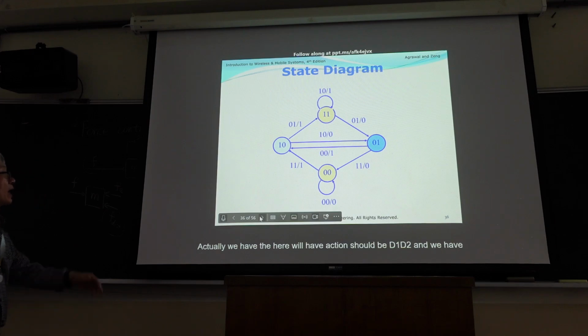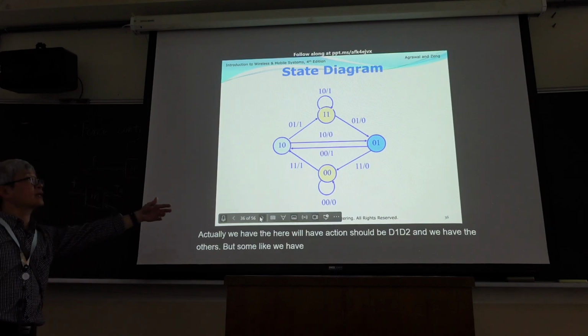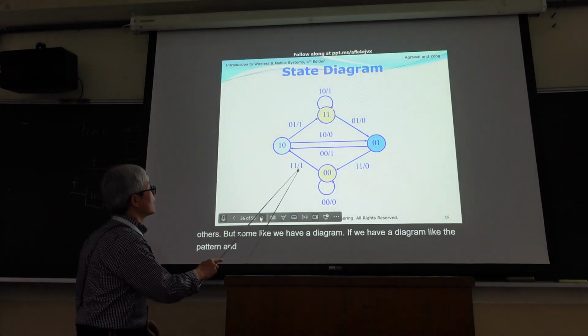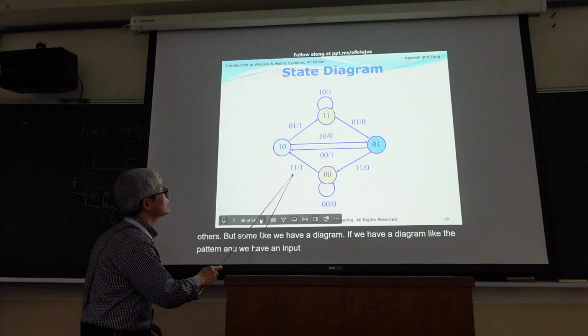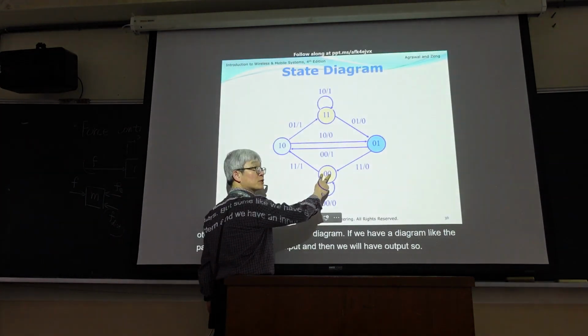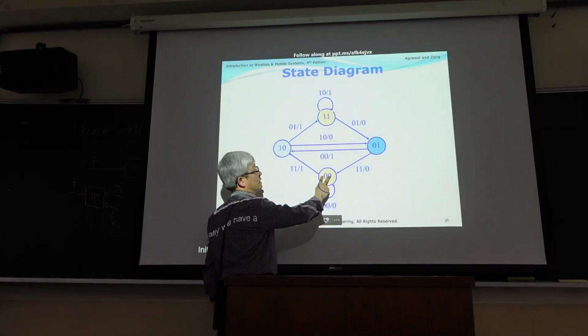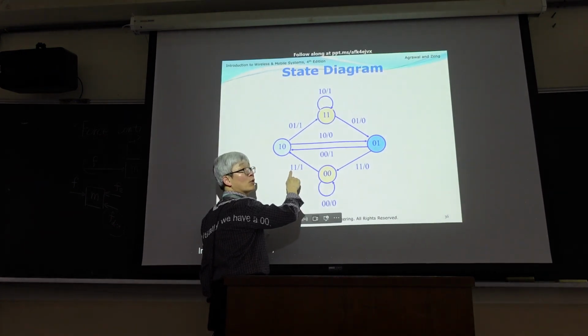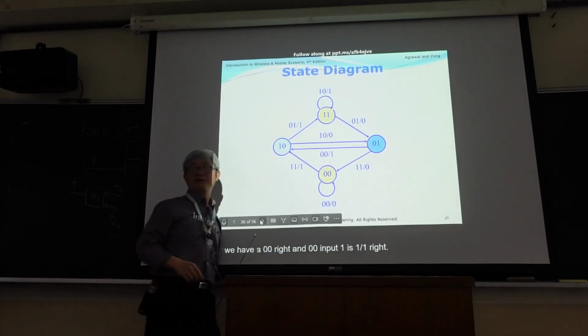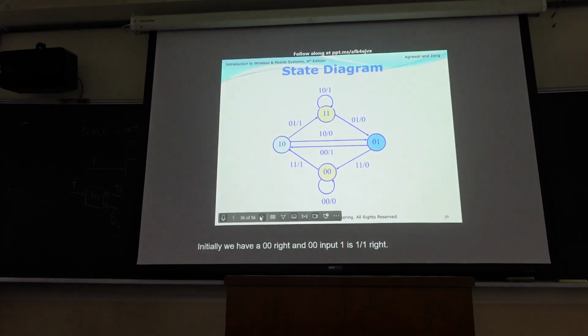But sometimes we have a diagram. If we have a diagram like the pattern, and we have an input, and then we will have output. So initially we have 0, 0, right? And 0, 0 with input 1 is 1, 1, right? Follow the previous one to show the diagram.